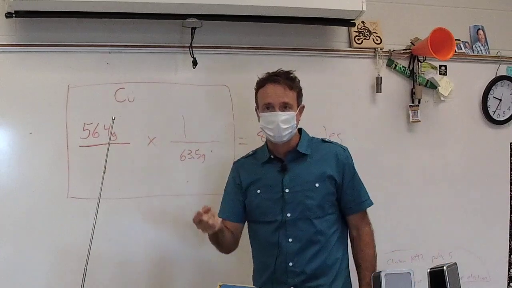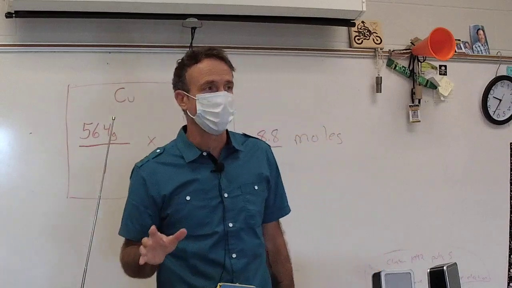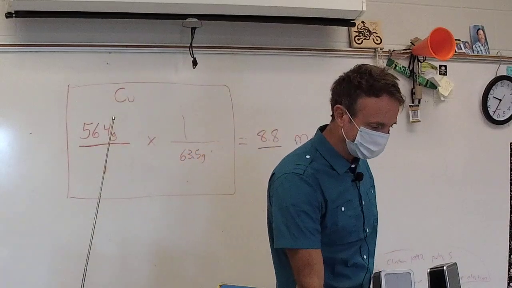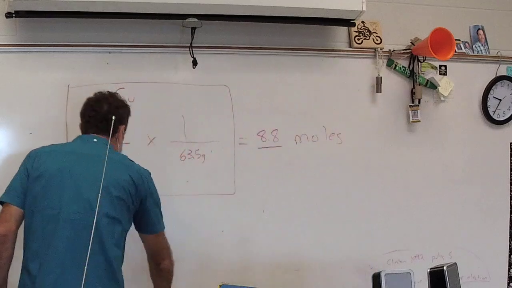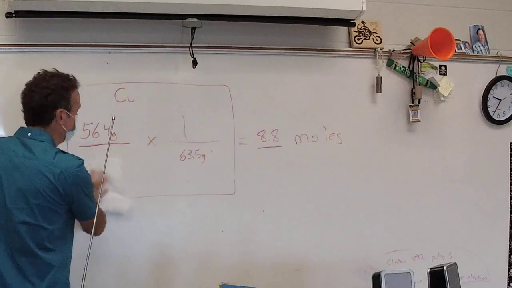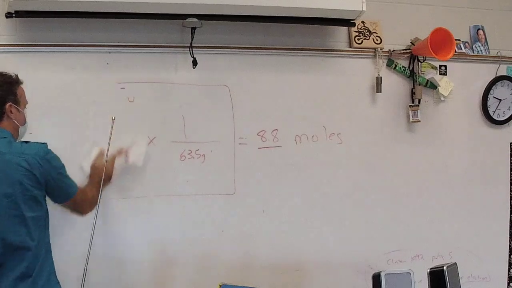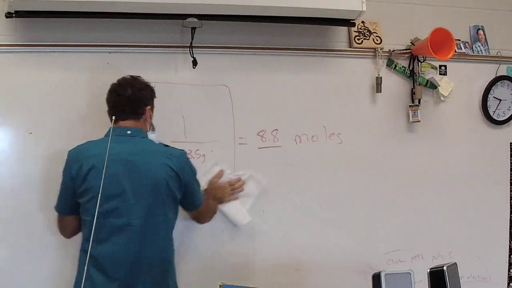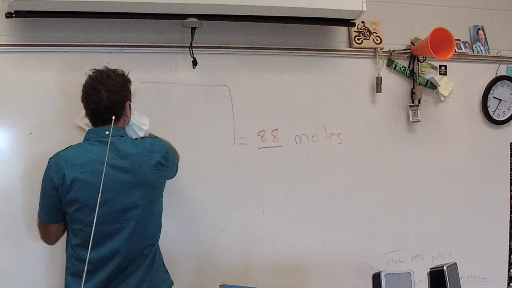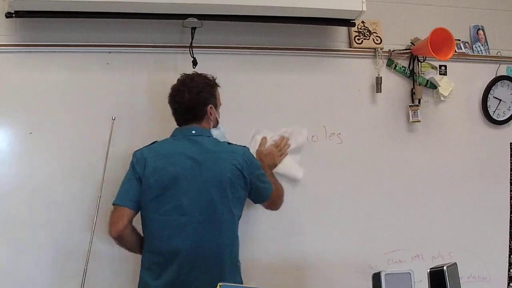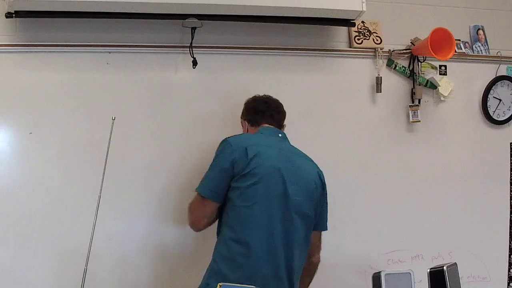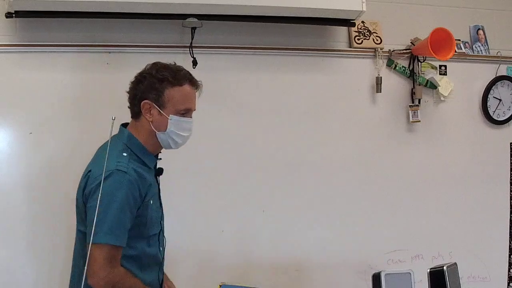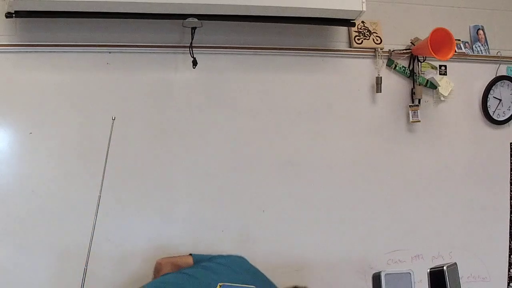Now, on the other side of this worksheet, we're basically doing the problem backwards. Let's flip back to the other side of the worksheet, and let's all take a look at number 10, okay? These problems are much easier. These problems are converting moles to grams.